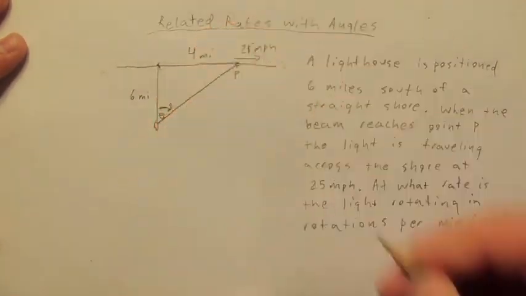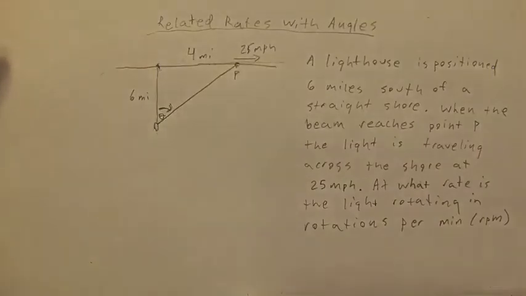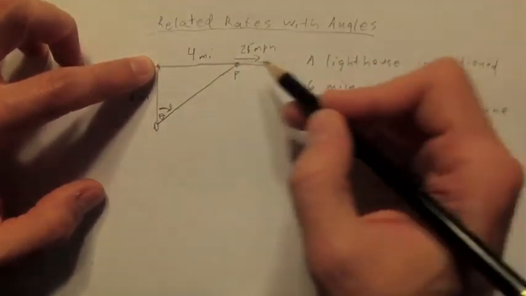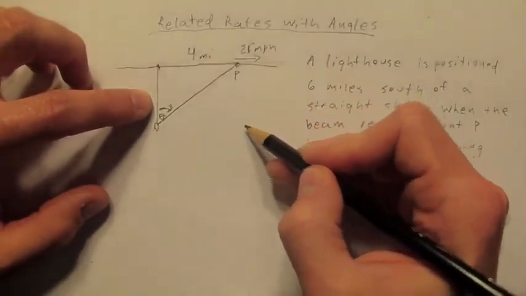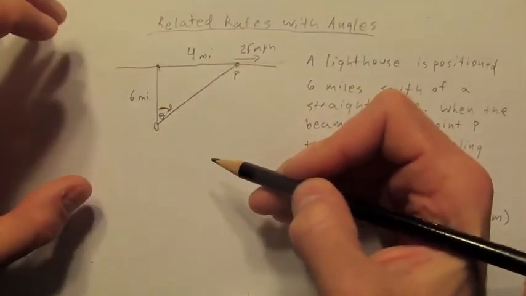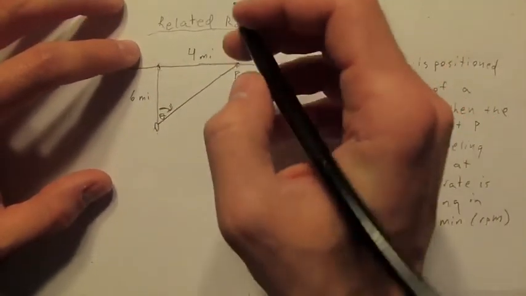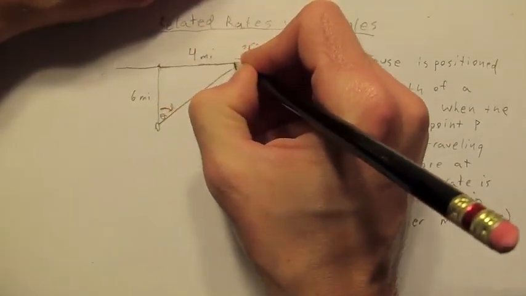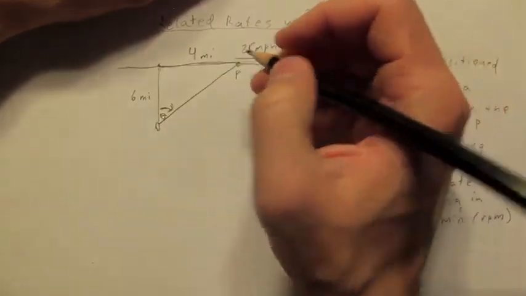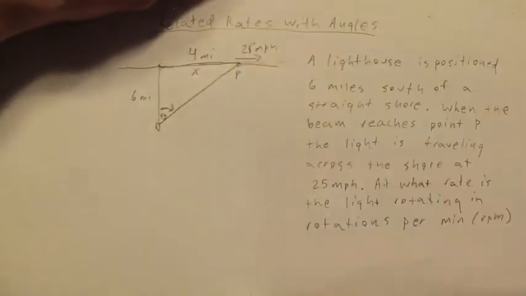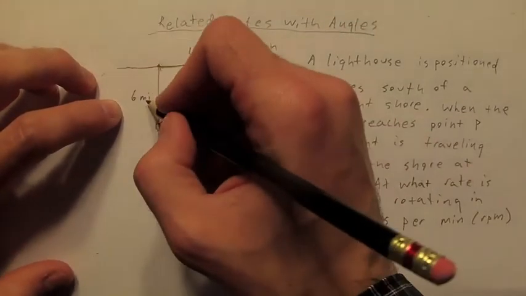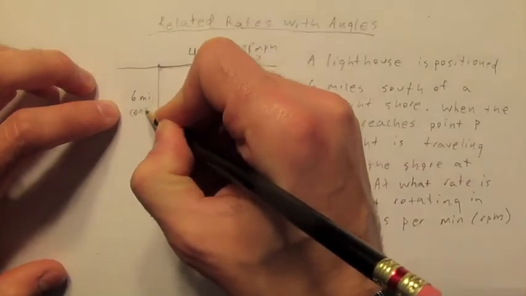What's happening is that angle theta is increasing, because as this length increases this way, the angle theta is increasing. So angle theta is increasing, and this distance here is also increasing. That I'm going to call x. That's my variable there, and theta is my other variable. This 6 miles is a constant.